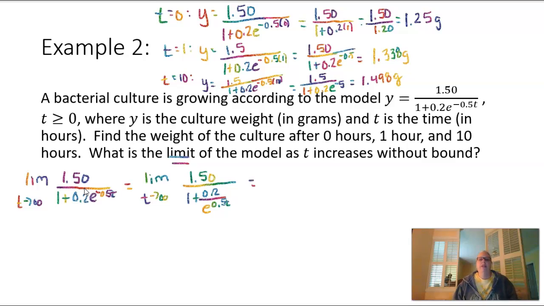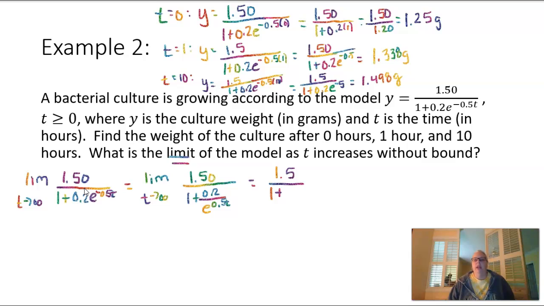Alright, and the reason I'm going to do this is because I'm going to be able to take the limit of each of these individually now. So the limit of a constant 1.5, that's just going to be the constant 1.5. The limit of 1 is just going to be 1. Now, let's look at this fraction right here. As t gets larger and larger and larger, 0.5 times t is going to cause this denominator to also get larger.